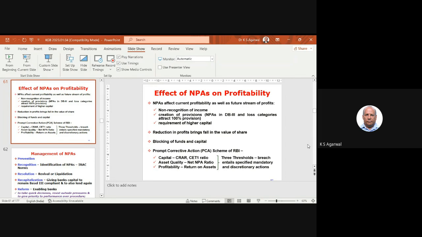So my profit gets reduced. Then higher capital requirements are there. If you have gone through Basel capital regulation, NPA accounts attract more capital. My funds get blocked. Then if my profitability gets reduced, RBI may initiate prompt corrective action also.